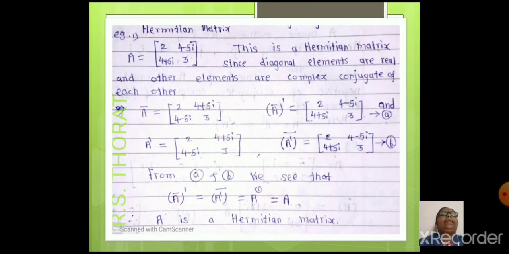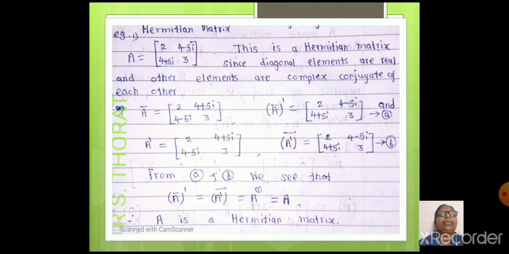For example, Hermitian matrix, a square matrix A equal to 2, 4 minus 5i, 4 plus 5i, 3. This is a square matrix of order 2 by 2. That means in this square matrix A, there are 2 rows and 2 columns.